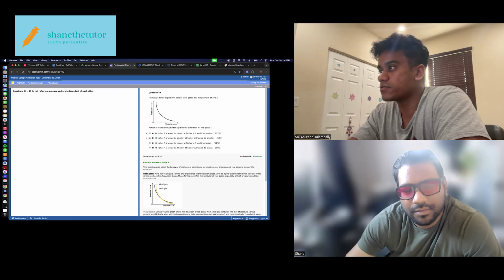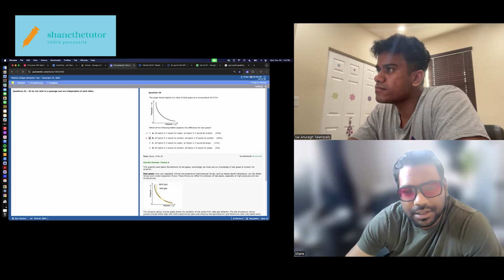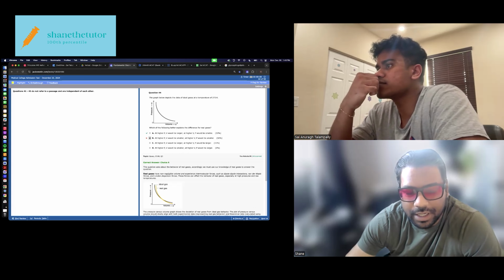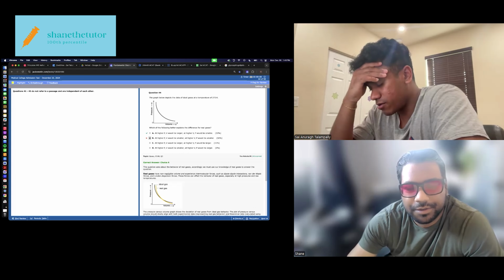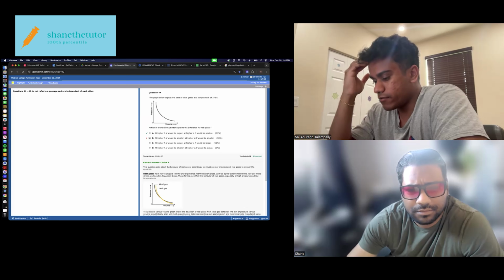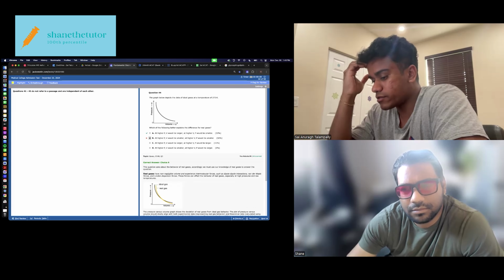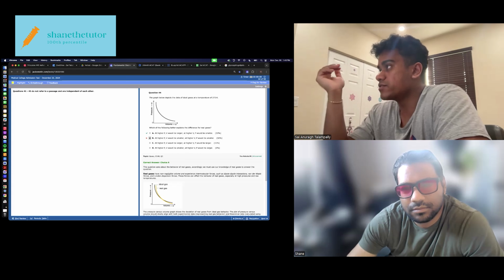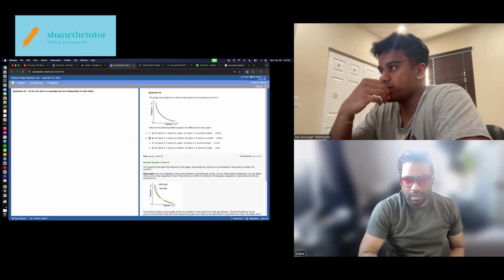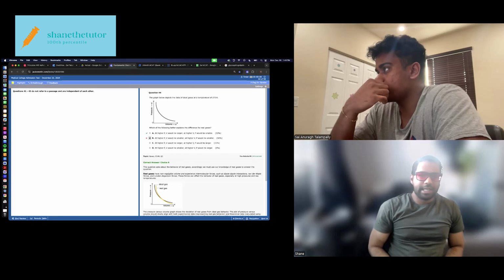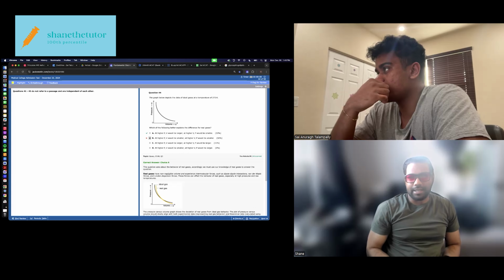Yeah, this one I didn't really understand about real gases. Ah, I see. So what is the difference between ideal gas and real gas? Typically ideal gases are when you're at really high temperatures and low pressures, because that allows you to make certain assumptions about intermolecular forces. But you're talking about conditions in which a real gas would behave as an ideal gas.